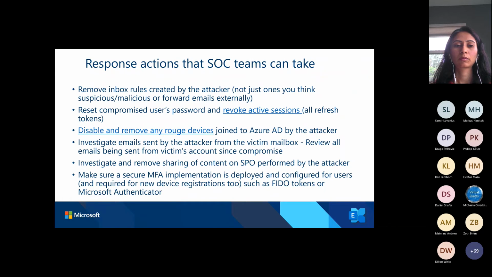Was there an email sent outside from the mailbox when the account was compromised, and what was the content of the email? Maybe if we have 1 minute, I will show you how you can get some of the information about the email from the Cloud Apps events table. And MFA, we've said it multiple times: make sure MFA is implemented widely in the organization and required for new device registration as well.